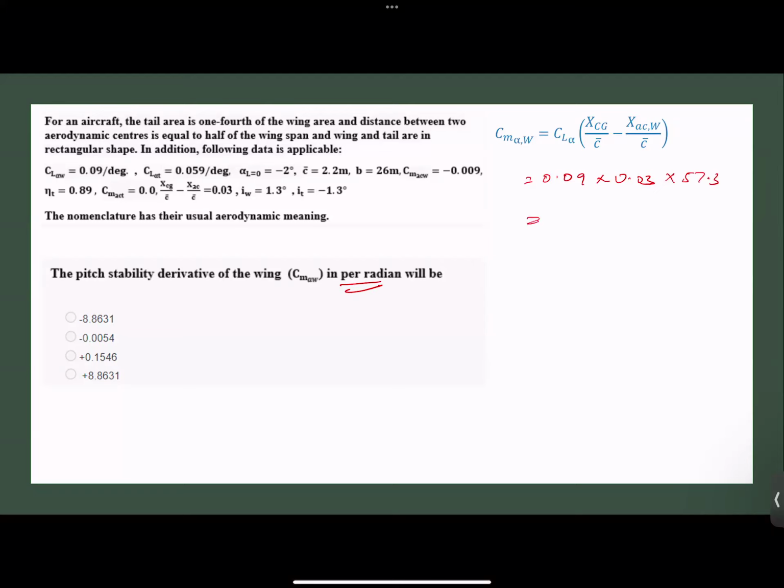So substitute 0.7 and 57.3. We can see the CM alpha of the wing here is positive. It means that the wing is not contributing towards stability, it is destabilizing in nature.